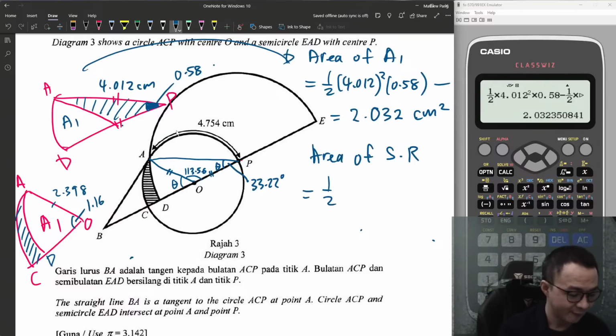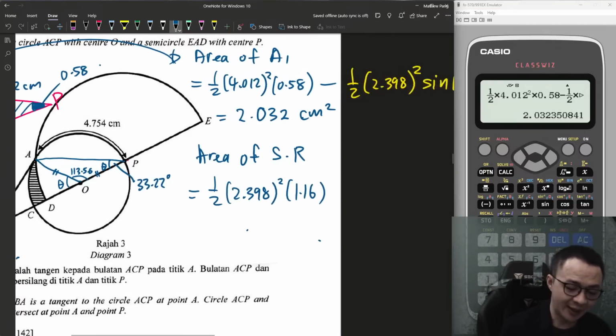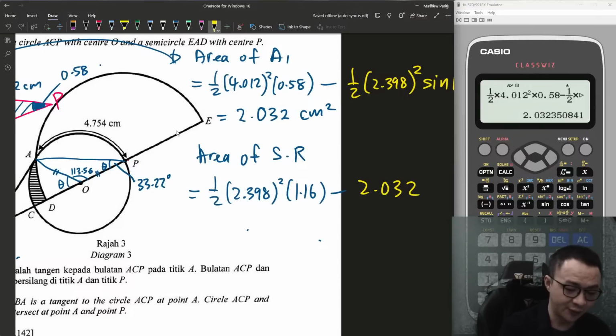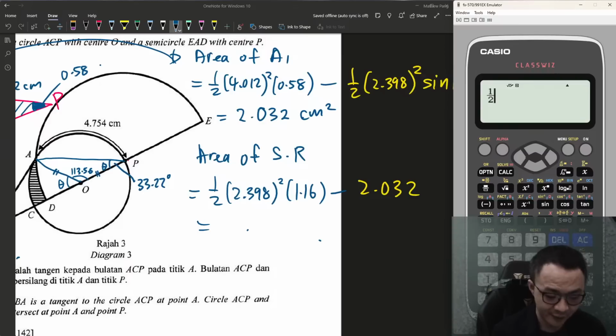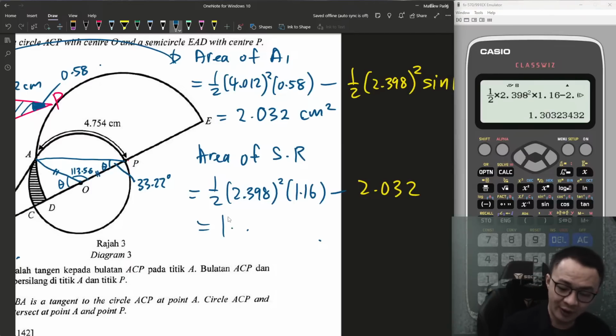Sector is half r square theta, 1.16, minus the area of A1, which is 2.032. So 1 over 2 multiply 2.398 square multiply 1.16 minus 2.032. Yep, I got 1.30.